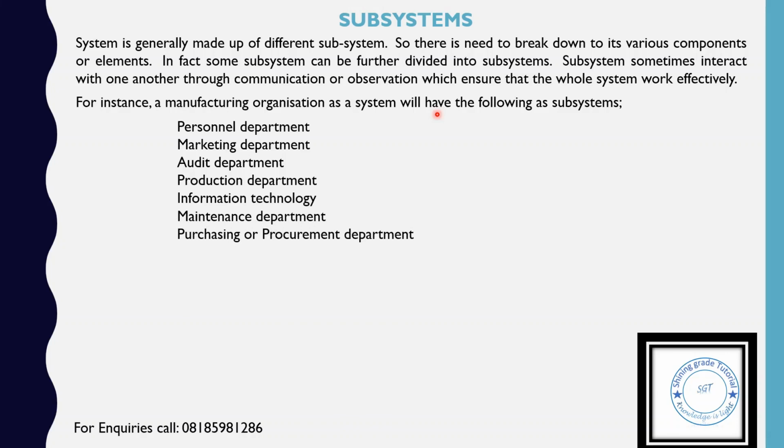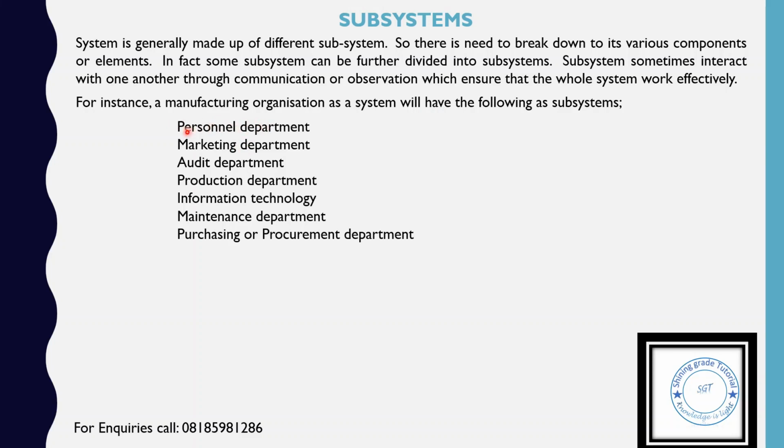So these are the various subsystems that are available in such an organization, and each of them interacts with one another to ensure that the whole organization functions well. There might be parts that communicate. For instance, there might be some interaction between the personnel department and the accounting, finance or audit department. There can be communication between the personnel department and the marketing department.